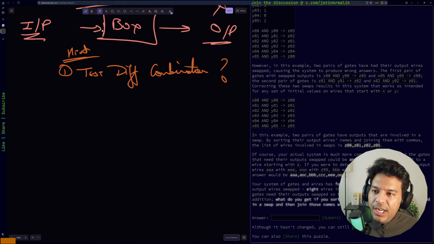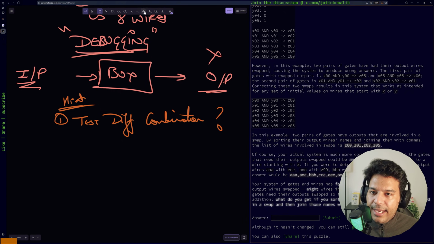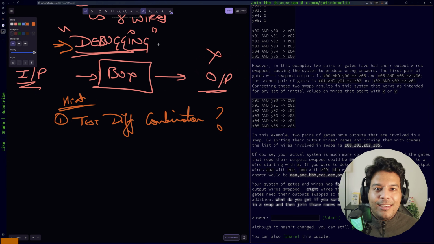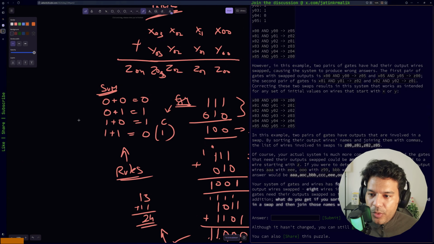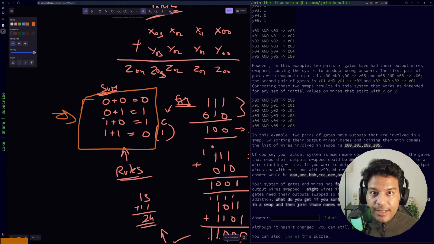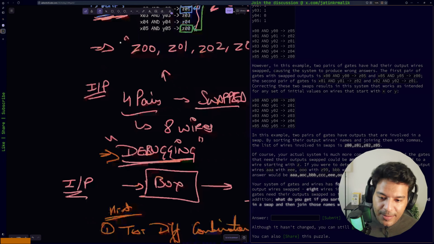And I mentioned above that this is a debugging question where we are given a set of logic that is adding two numbers. And the interesting thing is I already talked about the 4 types of cases that we have when we try to do binary summation. I think this is very important in trying to find those gates where the wires have been swapped.